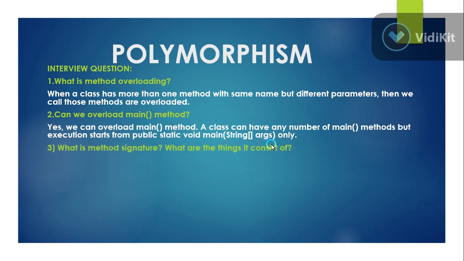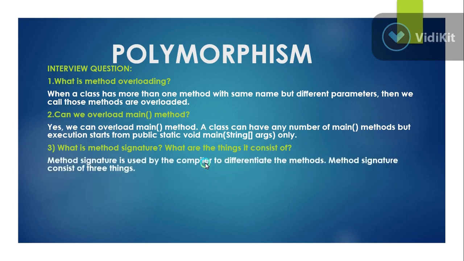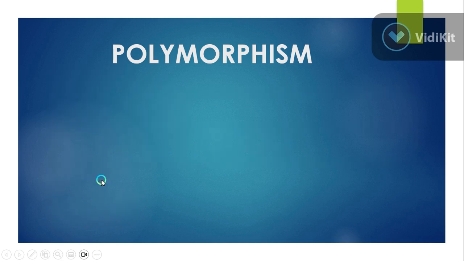What is the method signature and what are the things it consists of? The method signature is used by the compiler to differentiate the methods. Method signature consists of three things: method name, number of arguments, types of arguments.